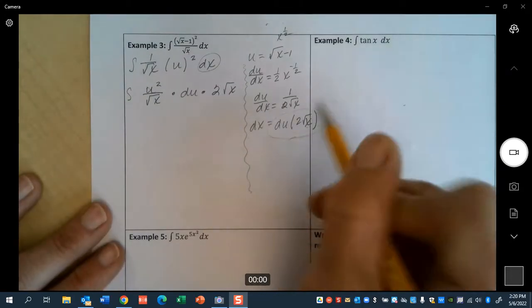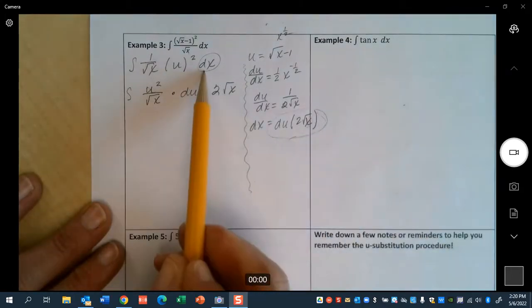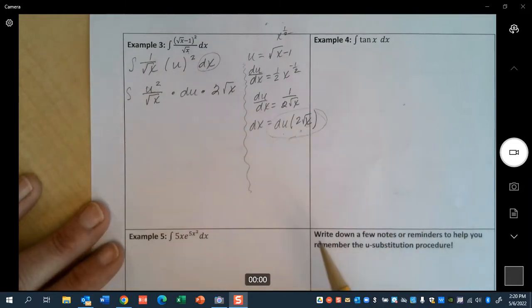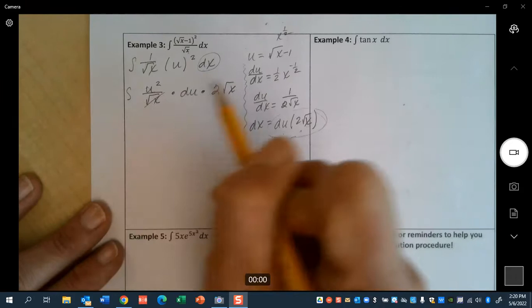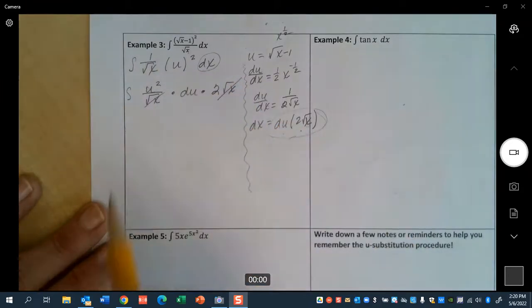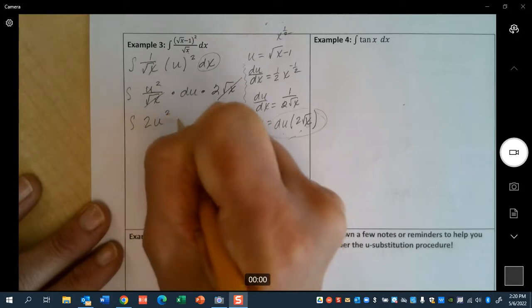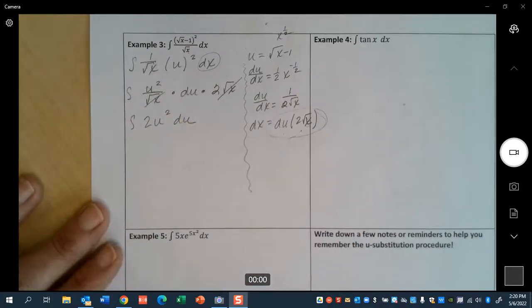So this here is what I'm putting in for dx, my du times 2 root x. Very cool. That ends up canceling out. So I'm finding the integral of 2u squared du. Not so bad.